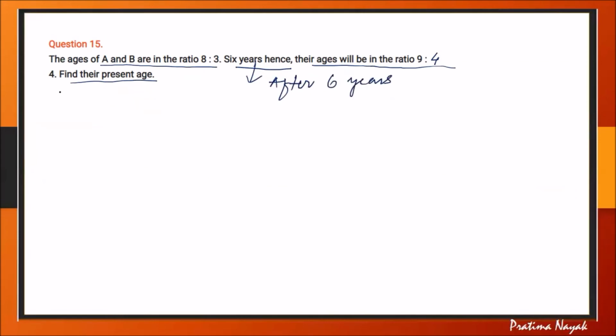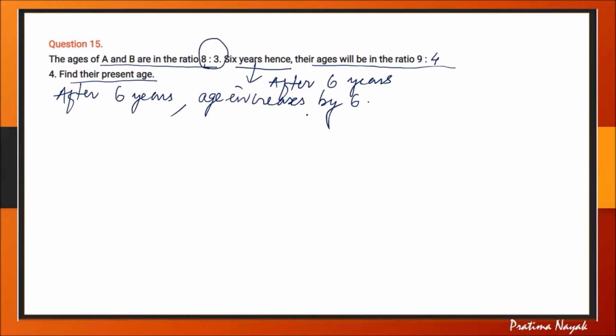So after 6 years, the age is increased by 6. Age of everybody increases by 6. That means if the ratio was 8:3, and if we add 6 to it, it is becoming 9:4.